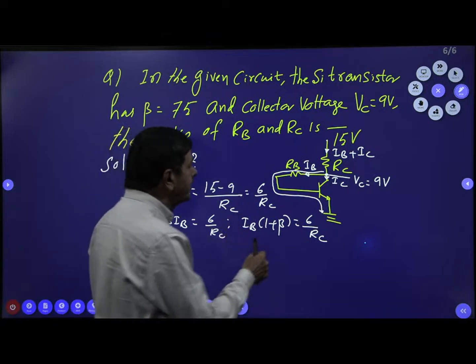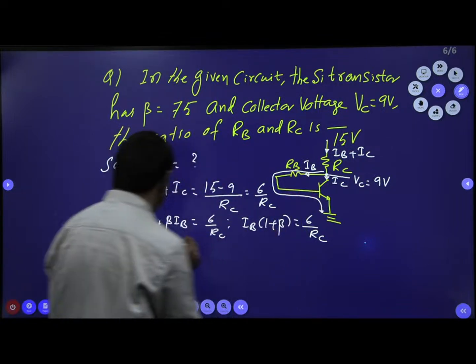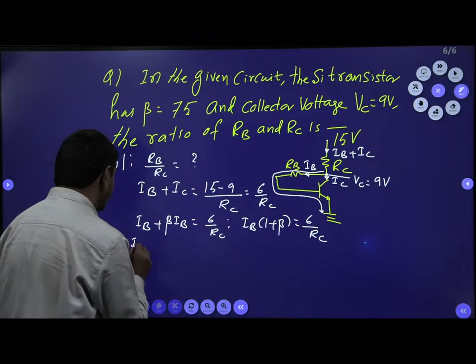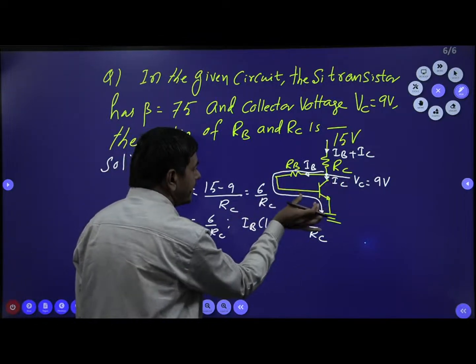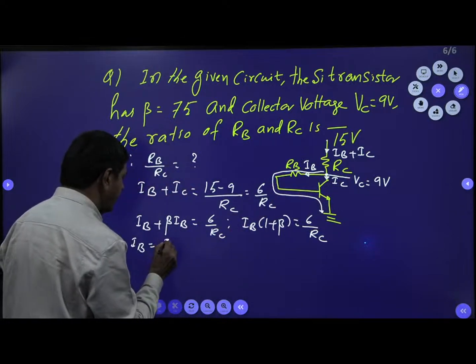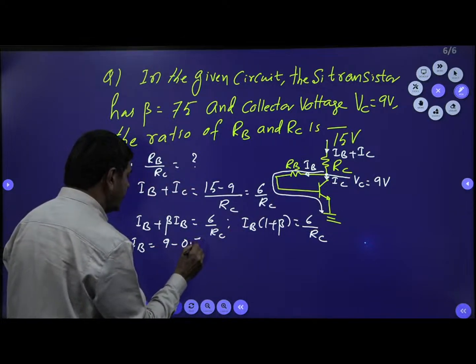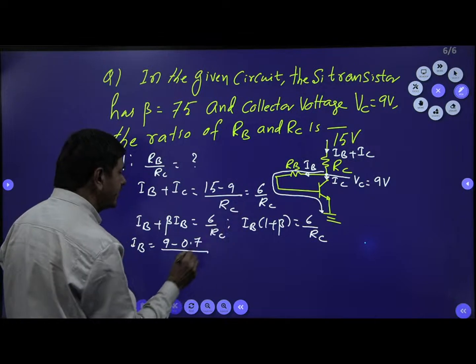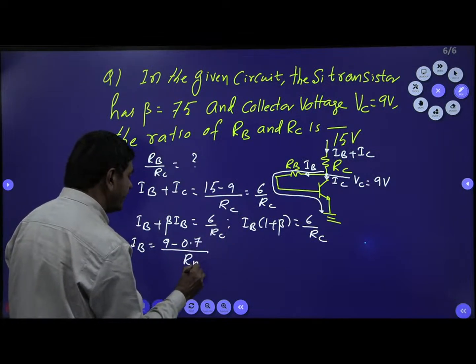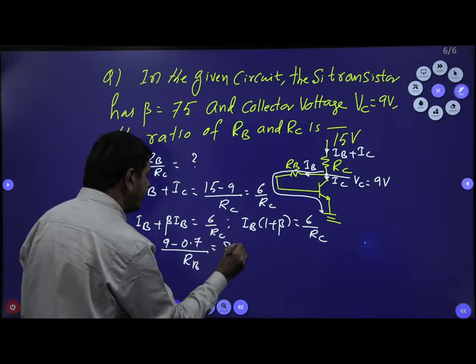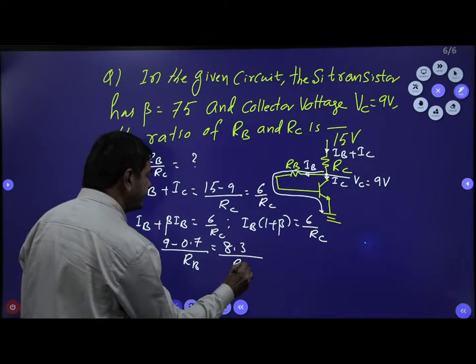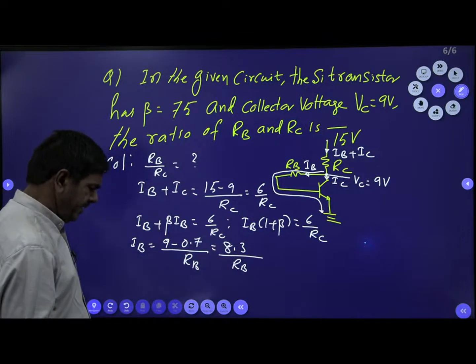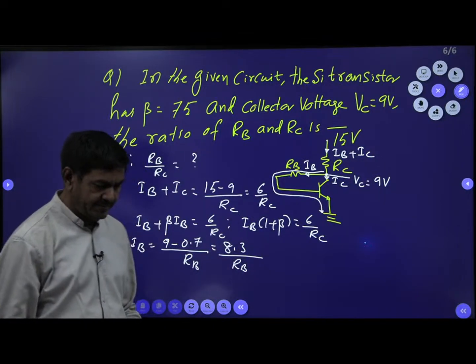Directly you can write the formula: base current is the current across RB, 9 minus 0.7 by RB. This is 8.3 divided by RB.